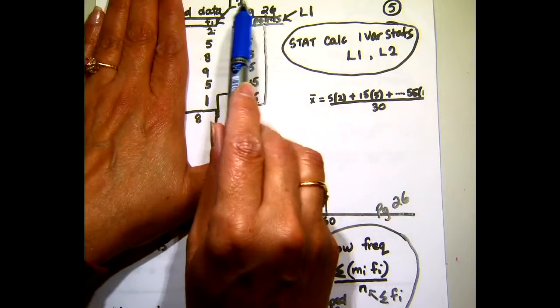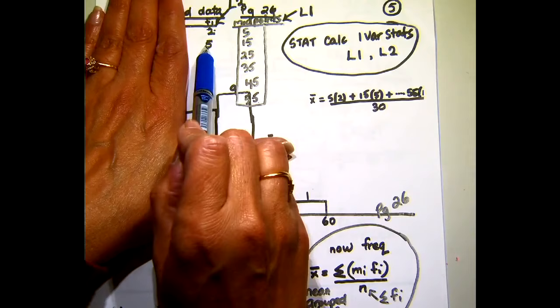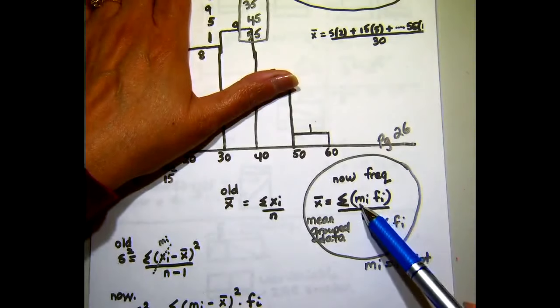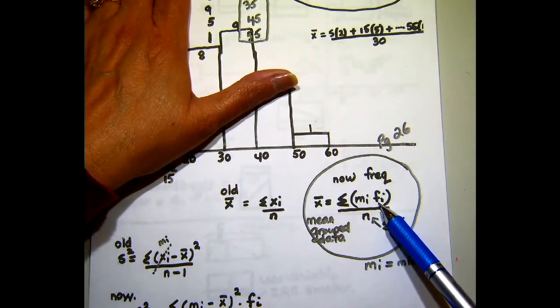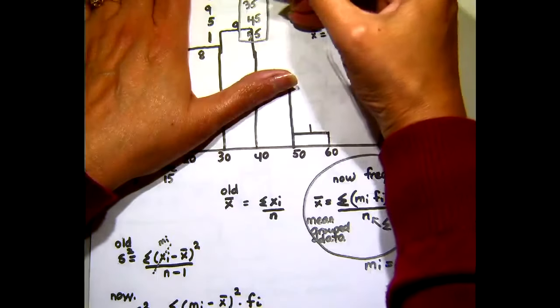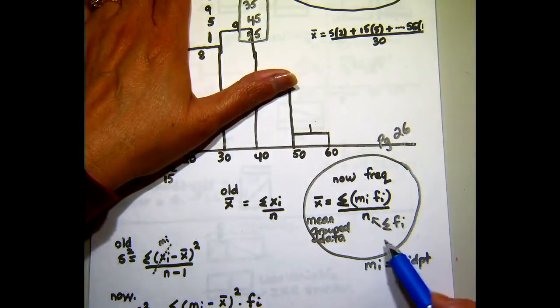So this would be 5 times 2 plus 15 times 5 plus 25 times 8 and so forth. So it's summation mi fi, because I have to take into account the multiplicity, divided by n, but n here is just the sum of the frequency column. So n is equal to summation fi.